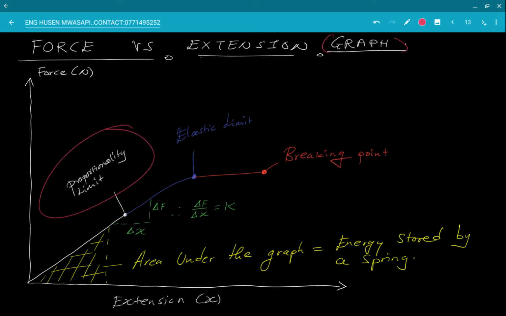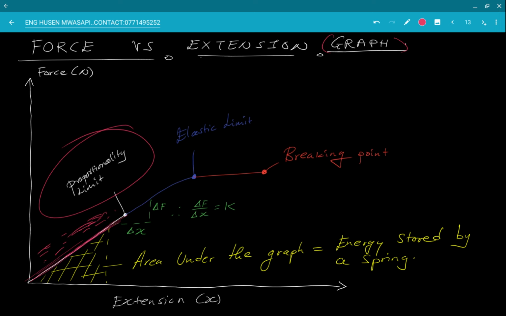We have what we call the proportionality limit. Remember what the proportionality limit is? We looked at it. It is simply the point at which the extension of a material is no longer directly proportional to the force that was applied to it. So at this point here, this straight line here, the line is straight for the proportionality region.